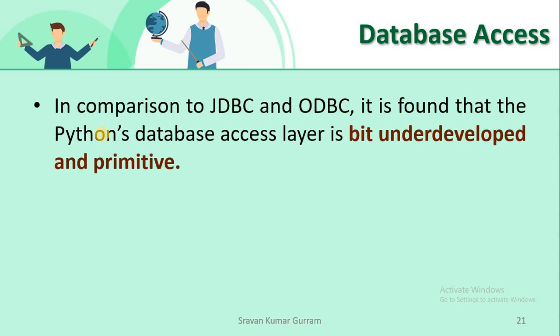Database access. In comparison to JDBC and ODBC, that is Java Database Connectivity and Open Database Connectivity, it is found that Python's database access layer is a bit underdeveloped and primitive. You may not find a sufficient number of libraries which are used to connect databases.